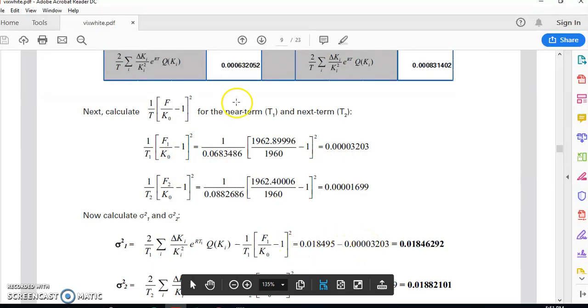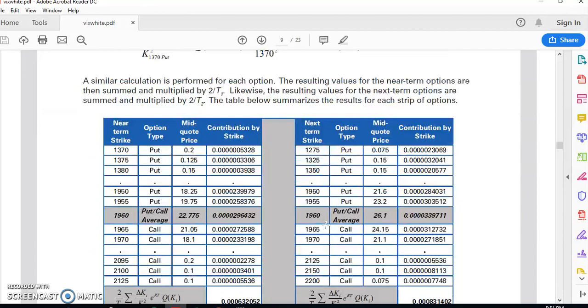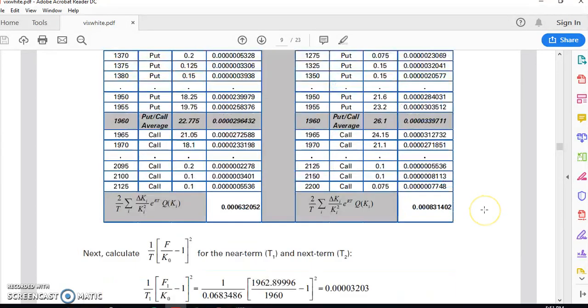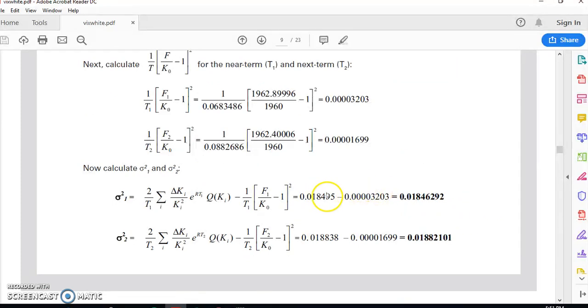At the end, the resulting values for the near term options are summed, and once we sum them we multiply by 2 divided by T1, which produced this number here, and then finally we obtain this number by implementing what's in the square brackets, the product, and we subtract it away.